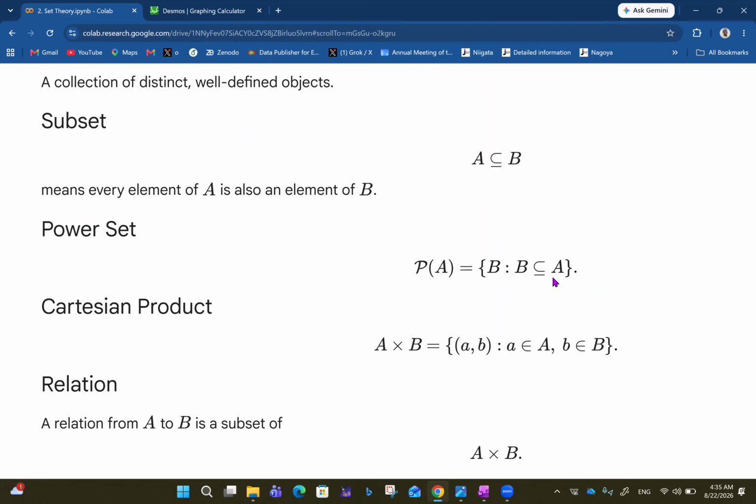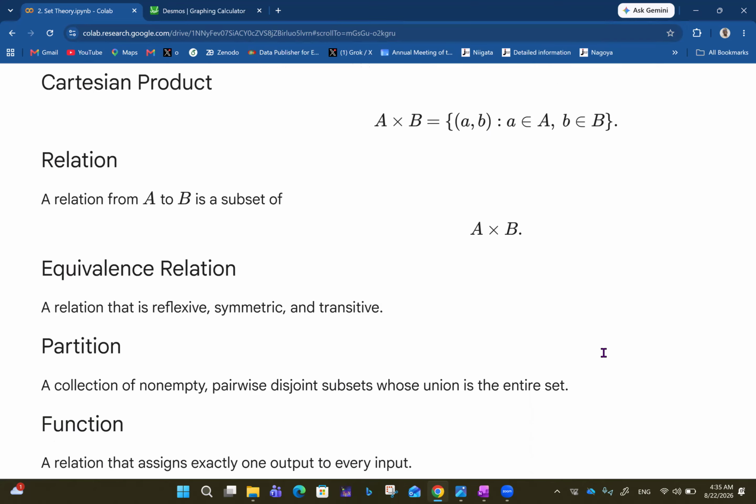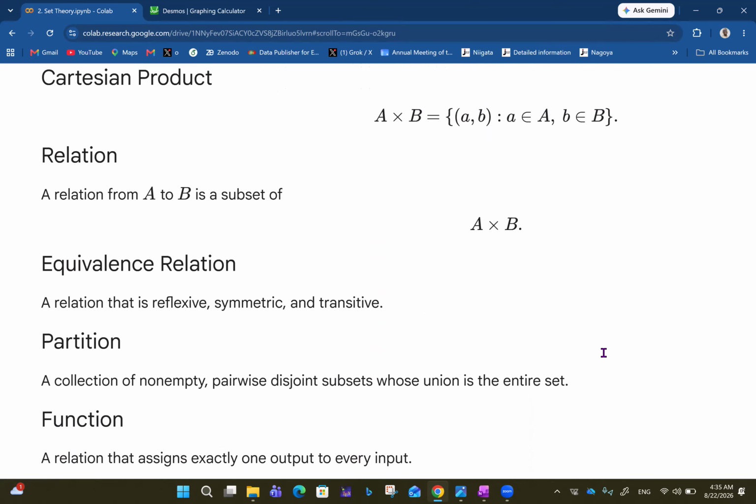The cardinality of the power set of A is equal to 2 raised to the cardinality of the set A. The Cartesian product A cross B is a collection of all the pairs (a, b) such that a belongs to A and b belongs to B. And a relation is a subset of a Cartesian product. So a relation from A to B is a subset of A cross B.